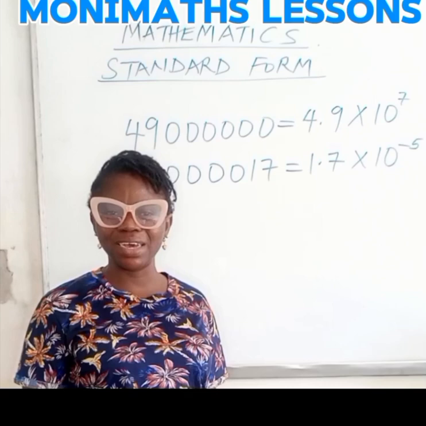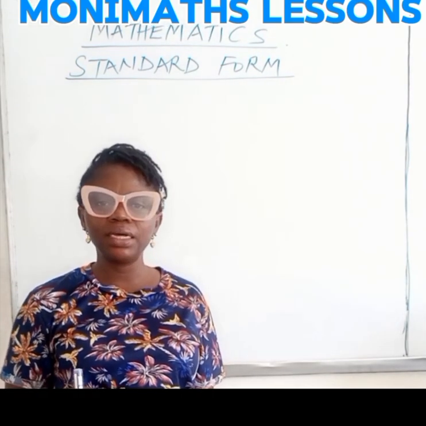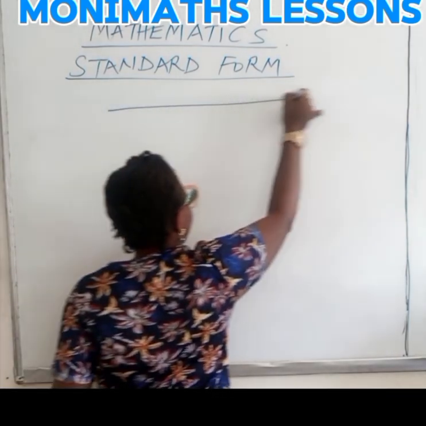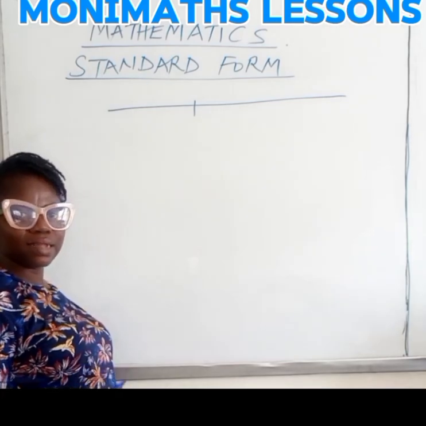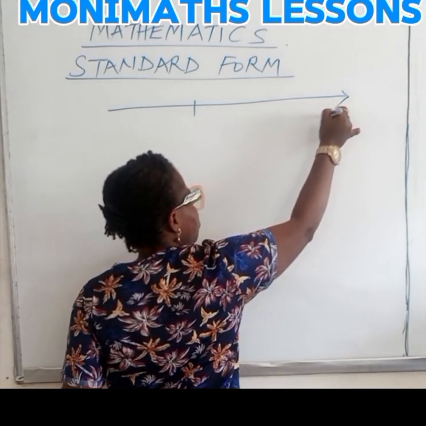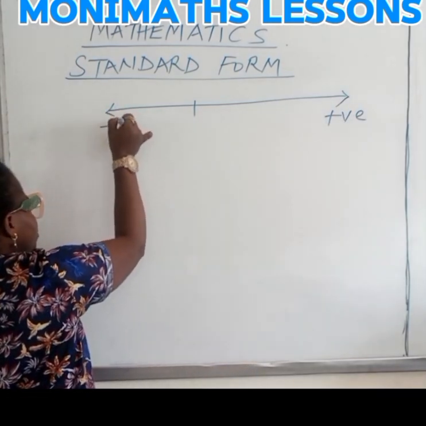It's actually not a magic. I would like you to quickly remember our number line. Remember that the number line has both the positive axis and the negative axis. Towards the right, we have the positive, and towards your left, you have the negative.